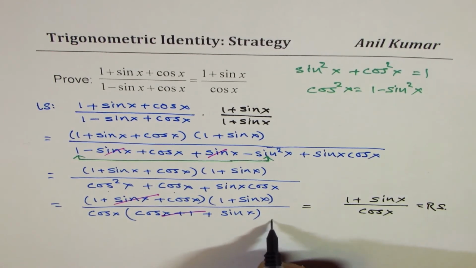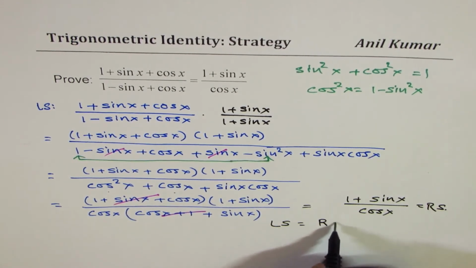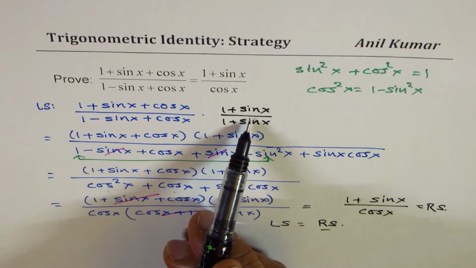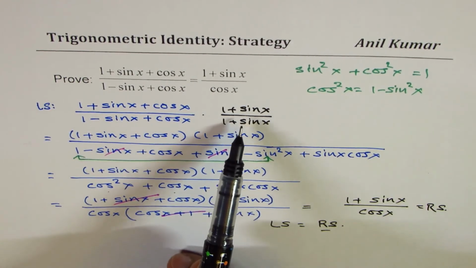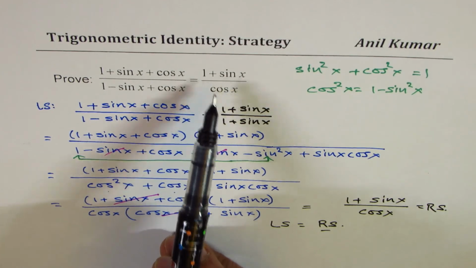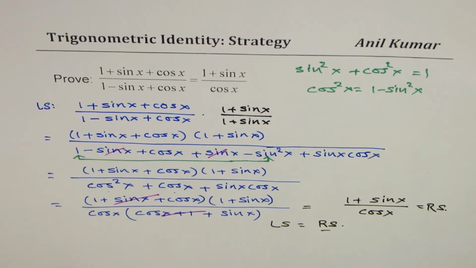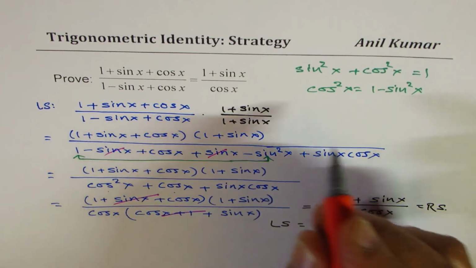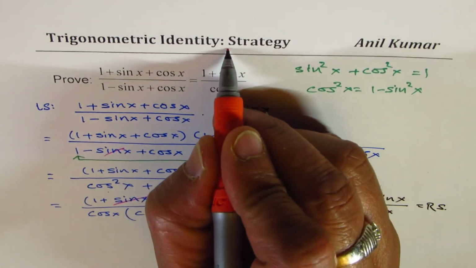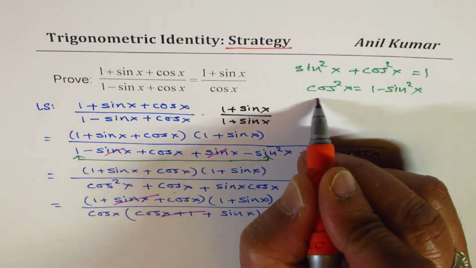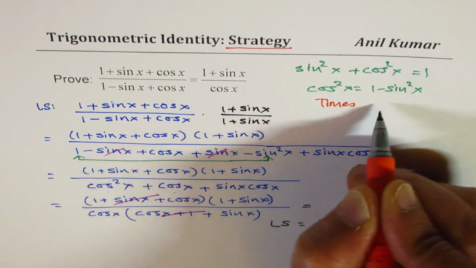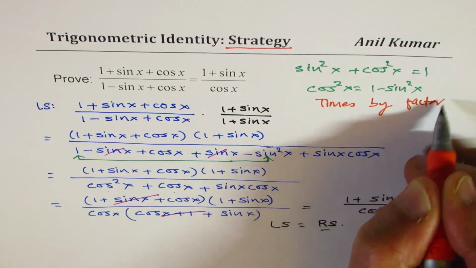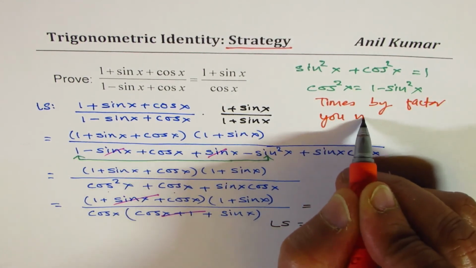So again, we have shown that left side is equal to right side, and we have used this very important strategy. And the strategy is to multiply by a factor which you need, right? So that is what works. So the strategy here is to times by the factor you need, right?